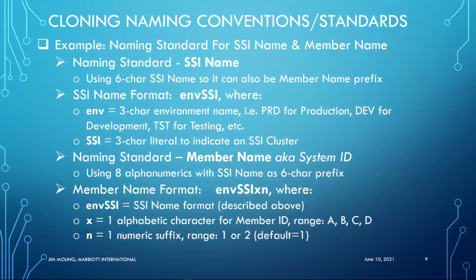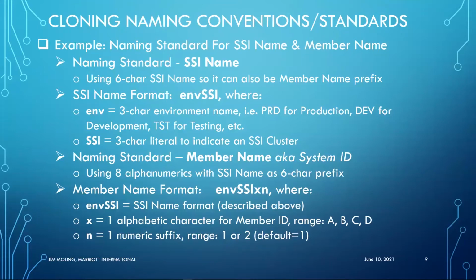Basically, you have the first three characters indicating the environment, which also tells you what this SSI cluster is for: production, dev, test, what have you. And then the suffix is going to indicate the member ID, the member name.